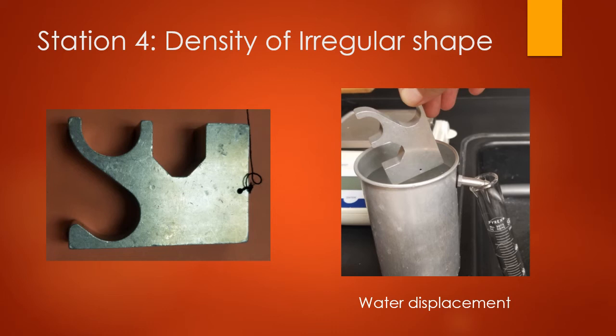When that water level rises, water comes out of the spout of the overflow can. You'll notice there's a graduated cylinder underneath to catch that water. We catch the water coming out of the can and measure it with the graduated cylinder. Whatever level of water it rises to is equal to the volume of that irregular shape.